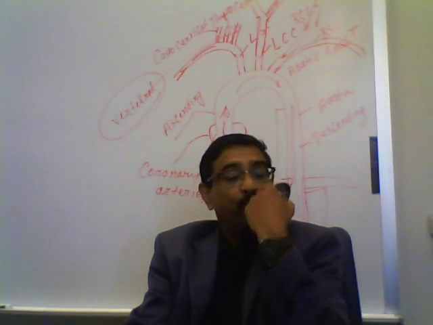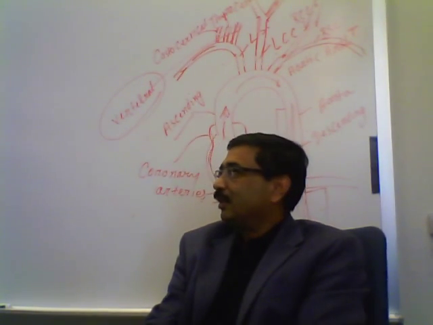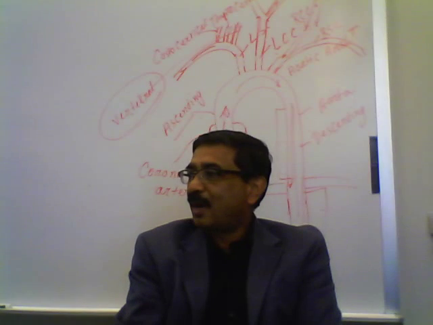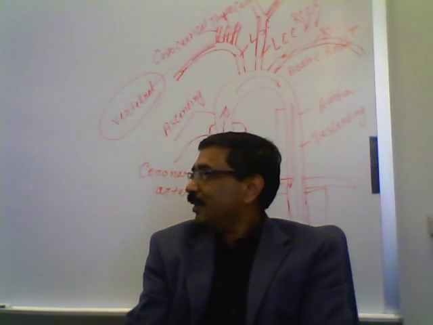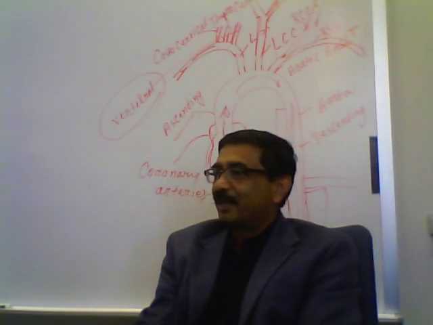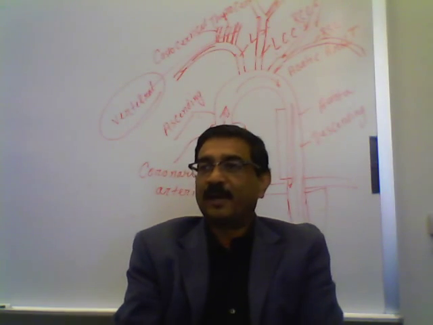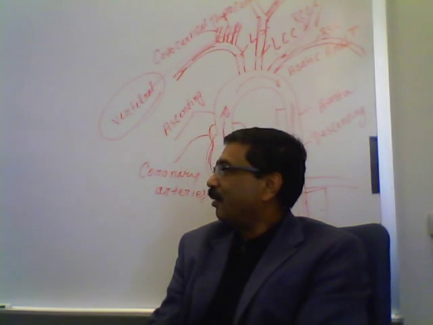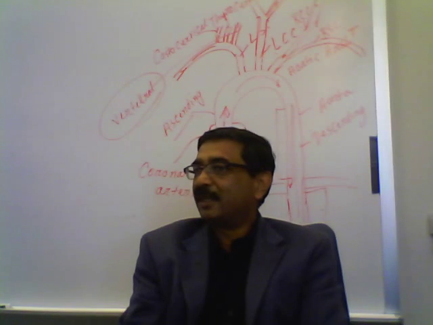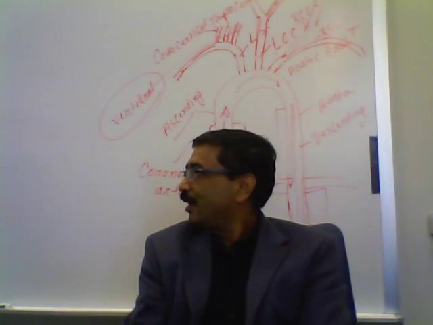In the bottom of the brain, you see what happens. Those two arteries, what do they do? Two vertebral arteries join together and form an artery that is called the basilar artery.